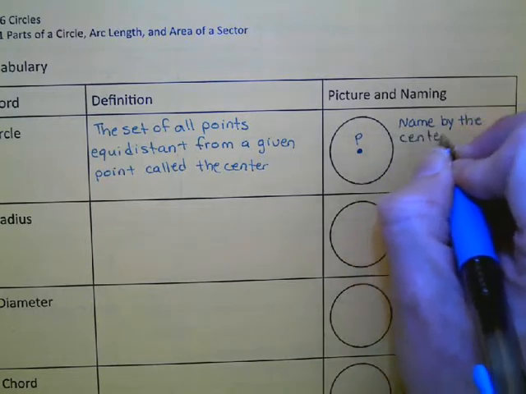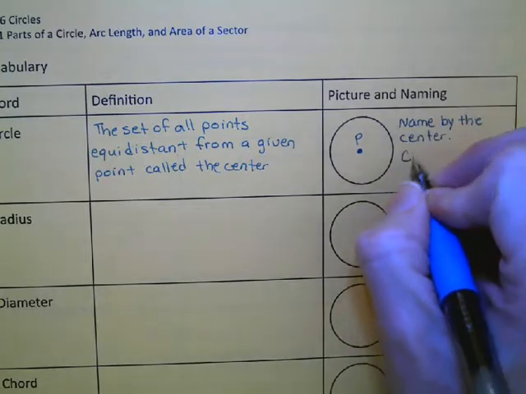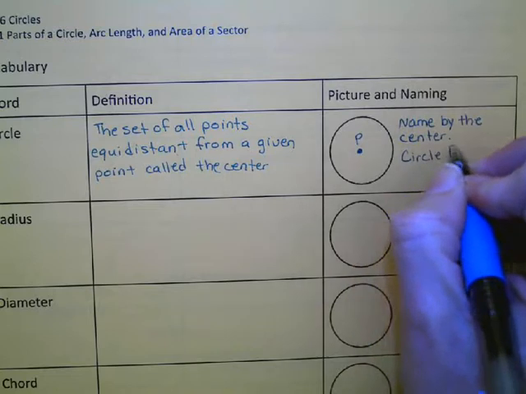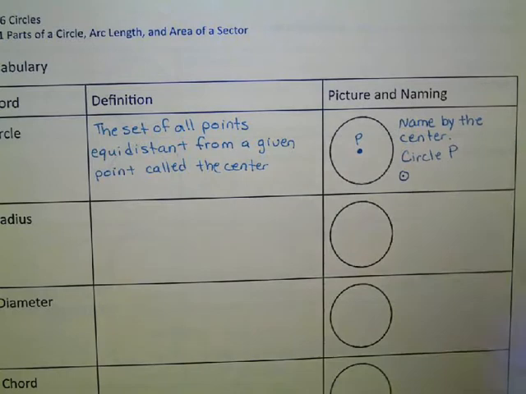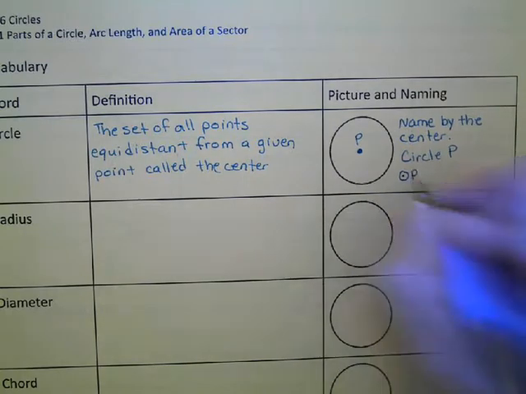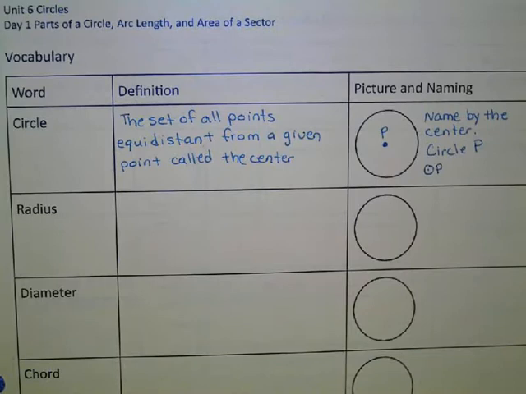A couple different ways you'll see this. You'll just call it circle P. Or they could draw a little circle, that's the symbol for a circle with a dot in it, and then just a capital letter for that point. So circle P is either written out circle P or with the little circle symbol next to it.